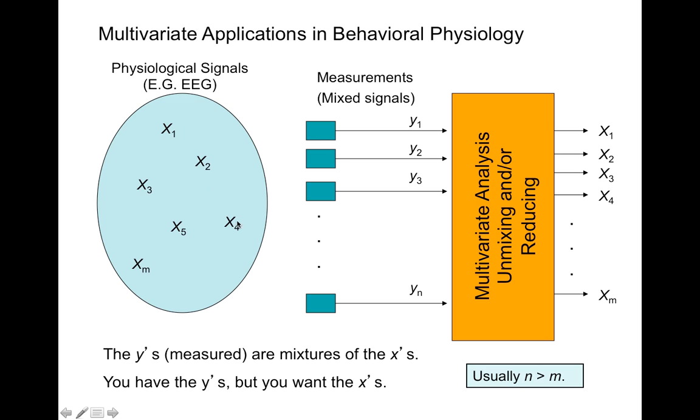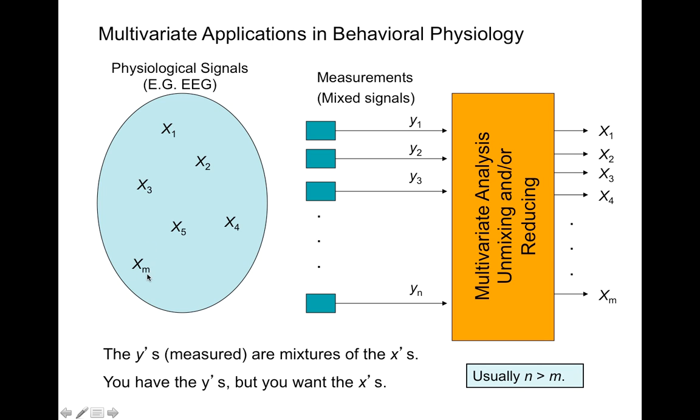There are probably some physiological regions in the brain that are generating signals that are picked up by the EEG. And of course, this is a huge simplification, but we'll assume that of the perhaps millions of oscillating dipoles, even billions, within the brain, there are some collective phenomena that could be represented as a specific signal originating from a specific part of the brain that has some unique characteristic.